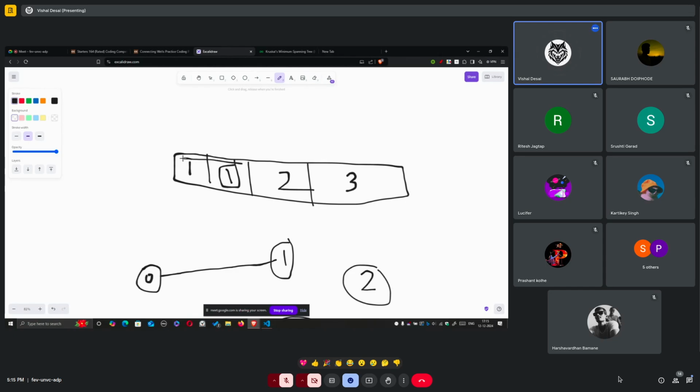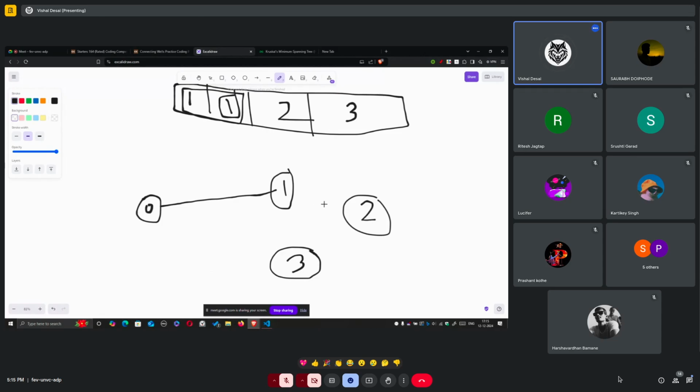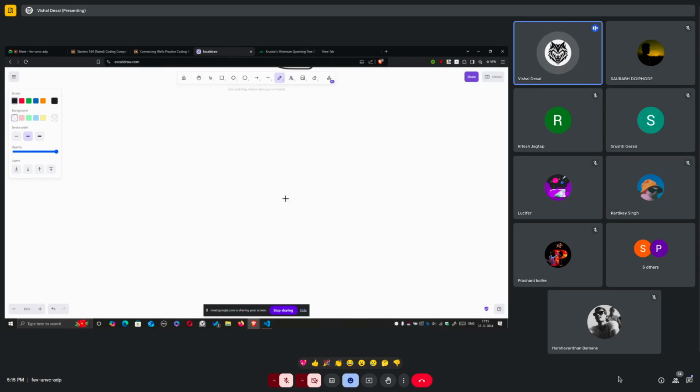So these two are now connected. Similarly, if this component entirely gets connected to 2, I will just update this part. This will remain 2, and these both will be updated. So at the end, if all 3 are connected, that is 2, 2, 2, and 2.